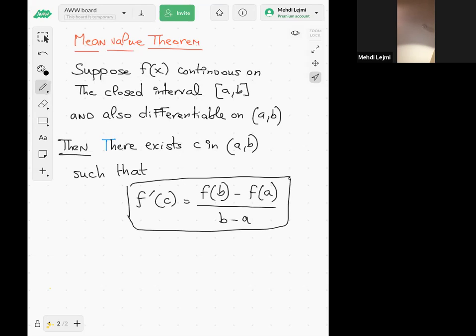So first, before the idea of the theorem, let me just explain the relation with Rolle's theorem. If f of a is equal to f of b, then this f prime of c would be 0, right?